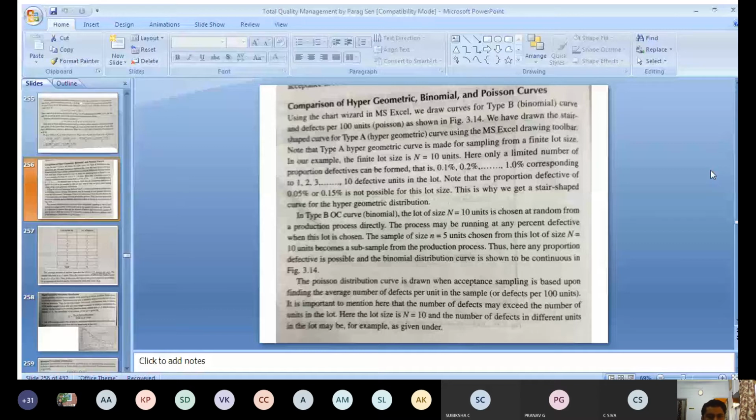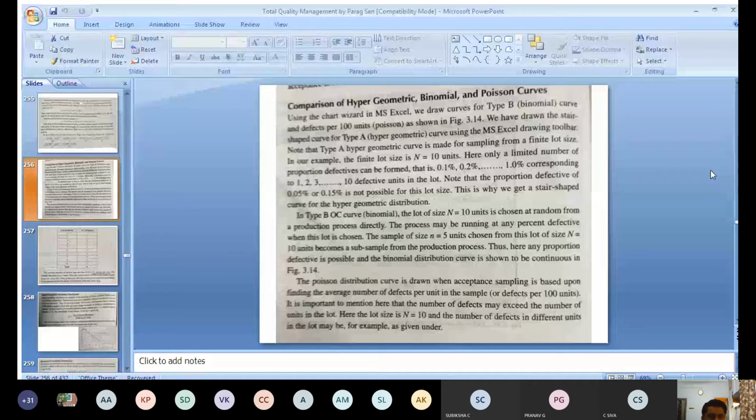Why? Because the sample of size small n equal to 5 units chosen from this lot of size capital N equal to 10 units becomes a subsample from the production process. Thus, here any proportion defective is possible and the binomial distribution curve is continuous.